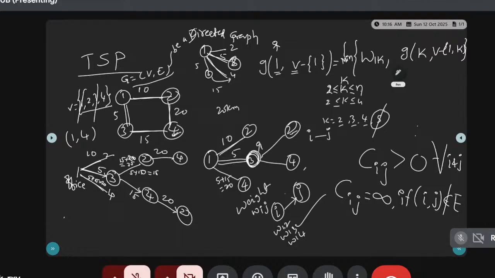Directly, from this graph we can say that there is no direct path between these two nodes, so we cannot define this 1 comma 4. Then in this case the undefined value is infinite. So that means if i comma j does not belong to capital E, i comma j is one edge. If this edge does not belong to capital E, అంటే capital E is nothing but ఈ edge.